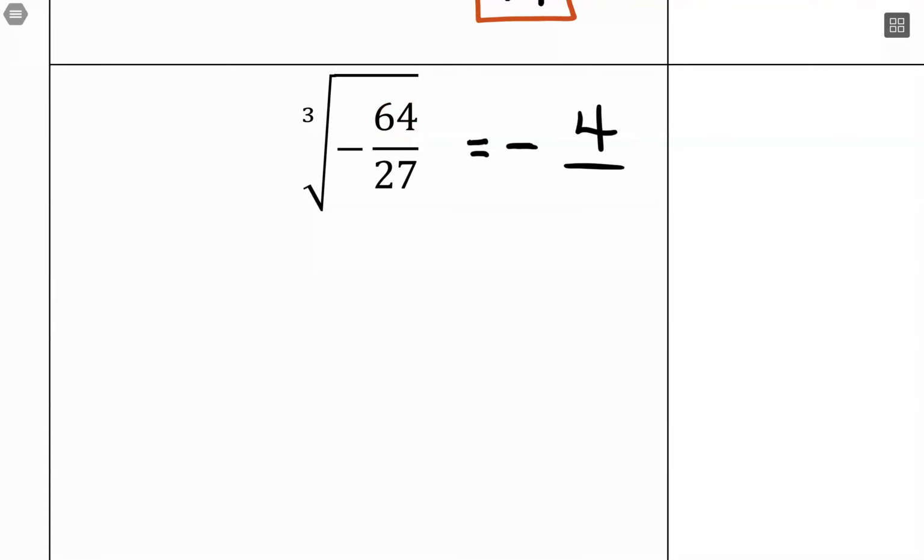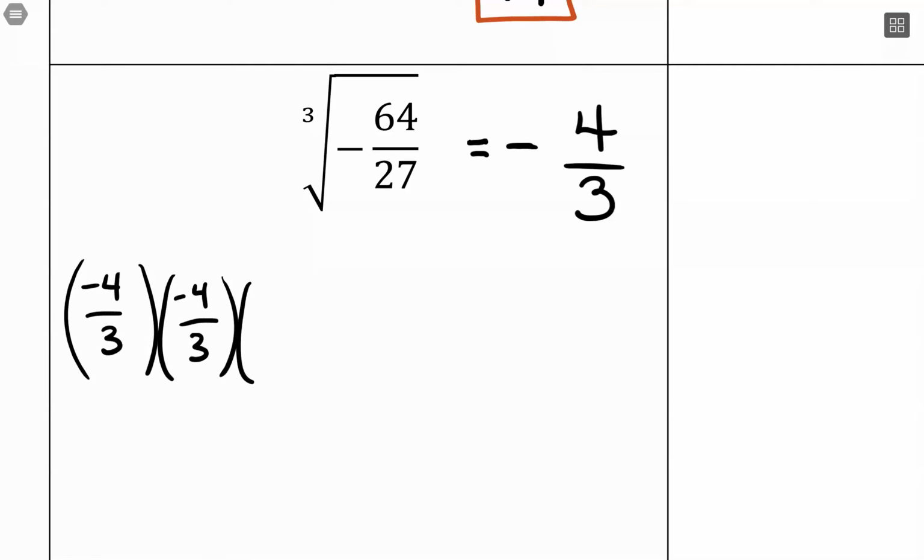And what cubed would give us 27, and that would be the value of 3. So where this is coming from is by taking negative 4/3 and multiplying it to itself 3 times. I'm just putting the negative in the numerator. It could have gone to the denominator. Really, in terms of symbol, negative times negative times negative will give us a negative value.